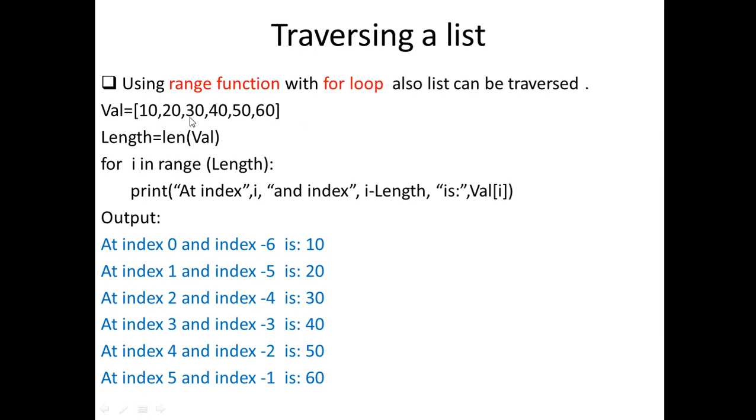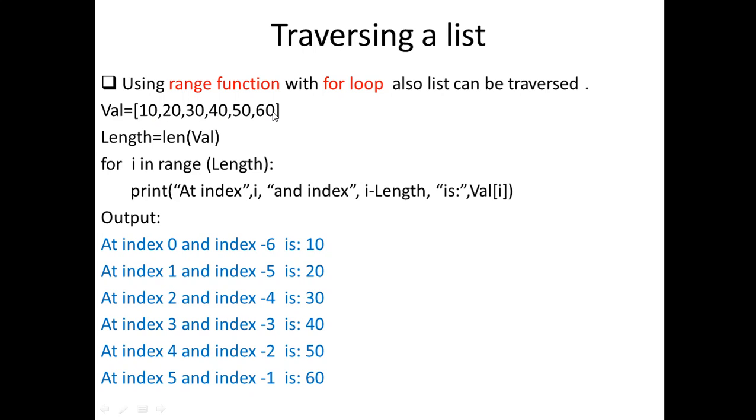So 10, 20, 30 as it is, but here when you use the range function, as you know, the range function needs an integer. So first of all we will take the length of this very list, and length means the total number of elements of the list.